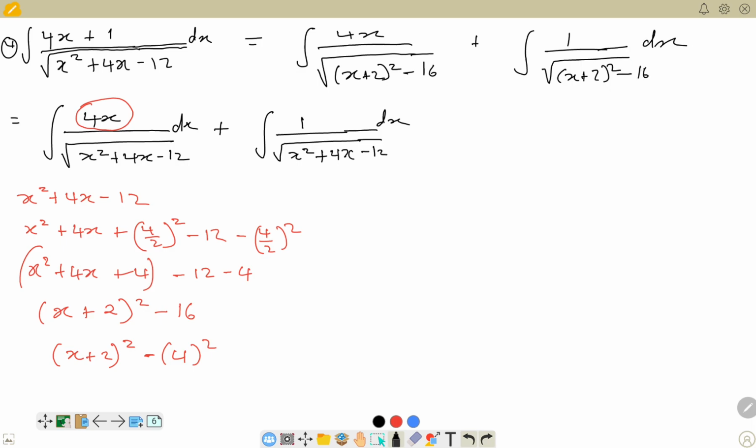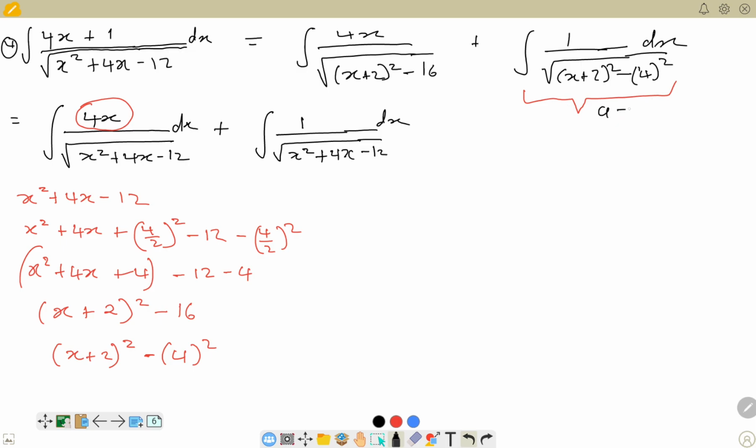dx. So what do we notice? We can see that this term here now is actually doable by the formula. And looking at this, it's an arccosh. So for this one here, maybe you can put 4 squared.